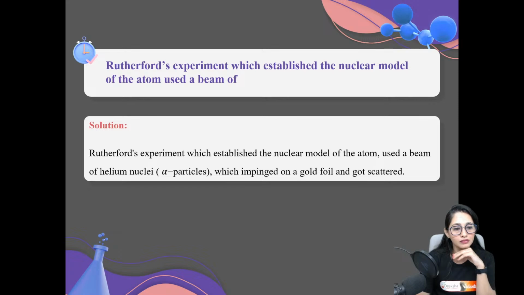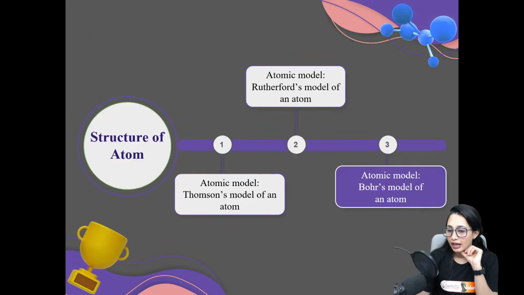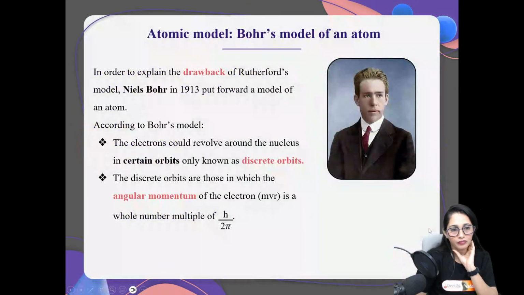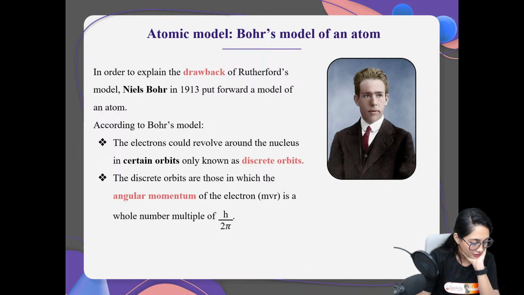Alright. Next, atomic model. So Bohr's atomic model of an atom. This is very, very important. So Bohr, look at this young scientist. In order to explain the drawback of Rutherford's model, Niels Bohr in 1913 put forward a model of atom.